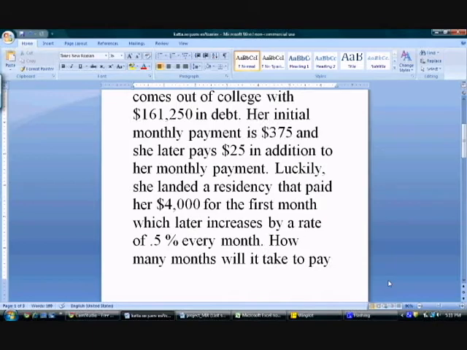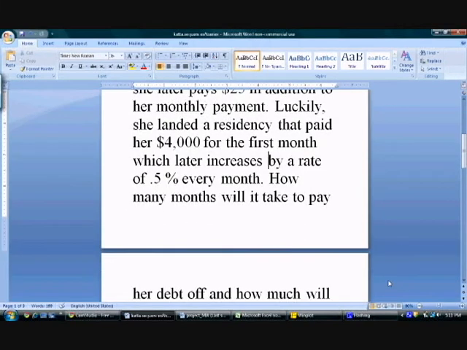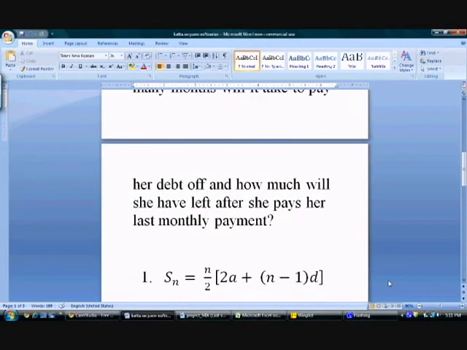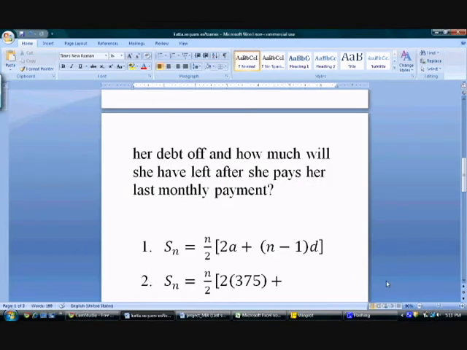So, in order to find what we're looking for, we're going to be using the partial sum equation for arithmetic series, which is n over 2 times the quantity of 2a plus the quantity of n minus 1 times d.